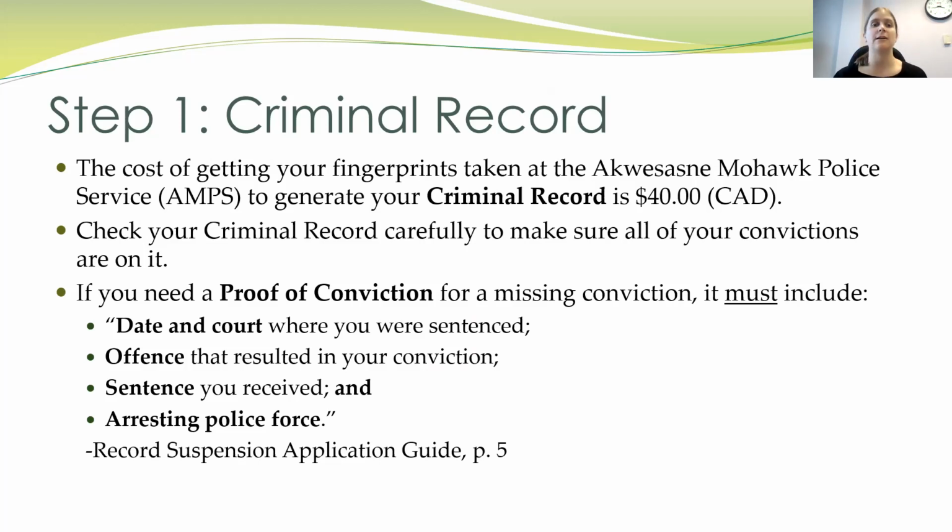If you see that there's a conviction missing from your criminal record, then you need to get a proof of conviction, and you can do that with the court that heard your case or the police service that arrested you. Here on page 5 of the guide, they say the things that the proof of conviction needs to include: date in court, the offense, the sentence, and the arresting police force.